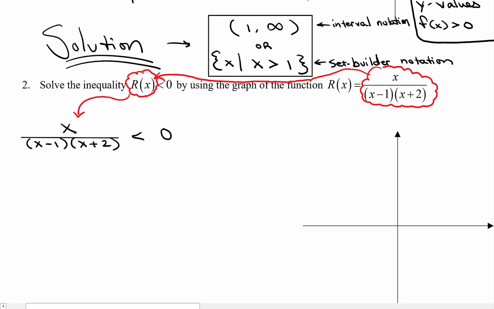instead of doing strictly less than 0, why don't we change this problem? Because the last problem we did was strictly greater than. I don't want to do a strictly greater than and then a strictly less than. Let's do one that's less than or equal to. How's that sound? Okay, good. So we're just going to change this problem so that you have an example of one that was strictly greater than, and one that is less than or equal to, so you have an example of each in your notes.